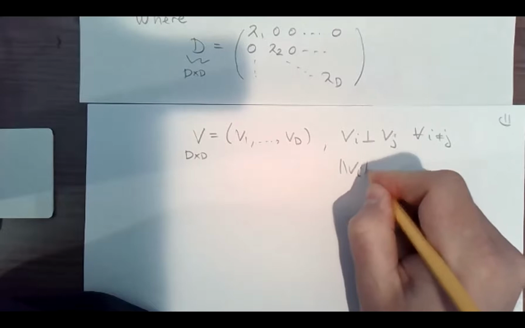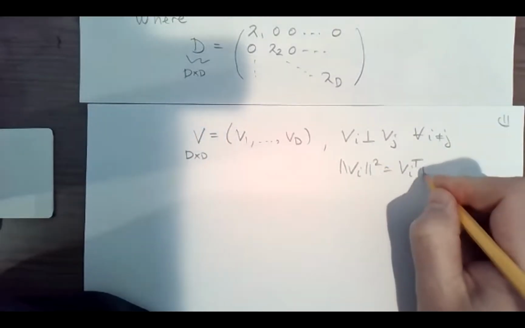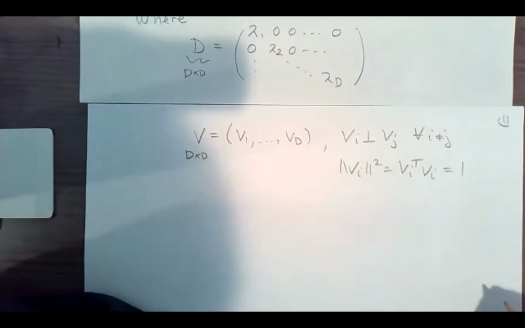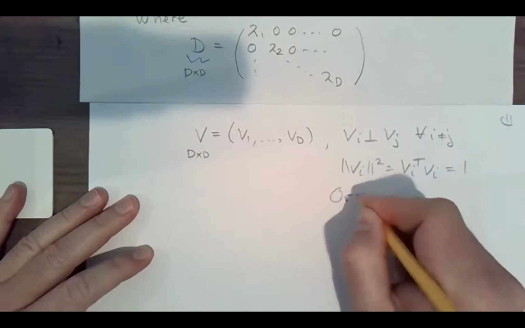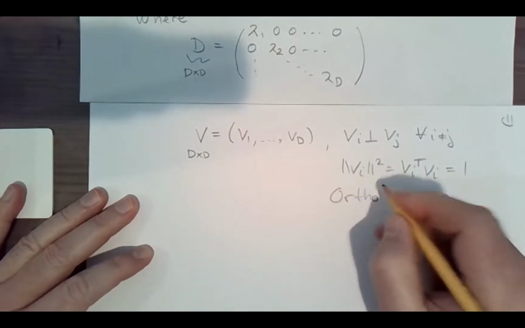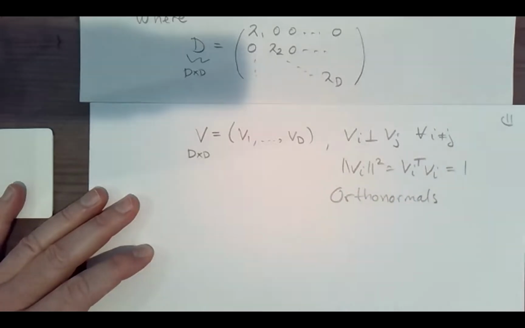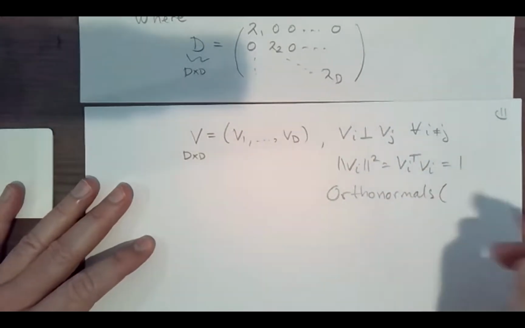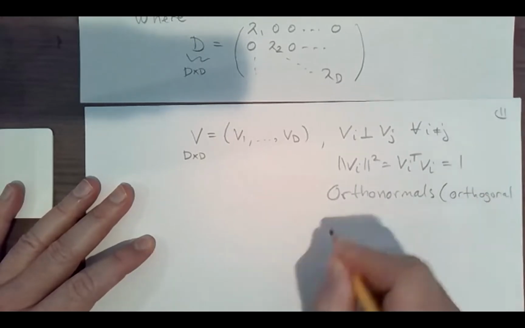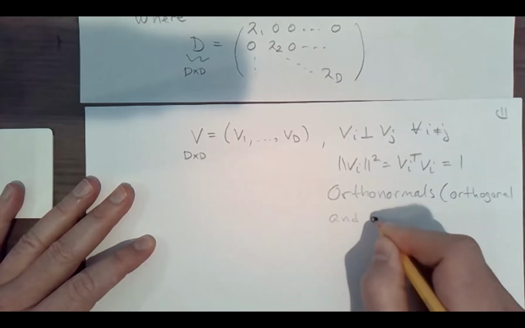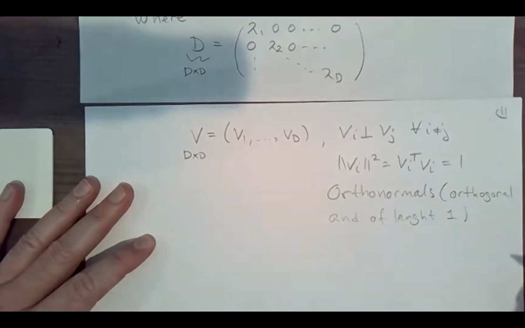So the norm of V_i, which is V_i transpose V_i, is equal to 1. Actually, they are orthonormal. That just means they are perpendicular, orthogonal, and of length 1.